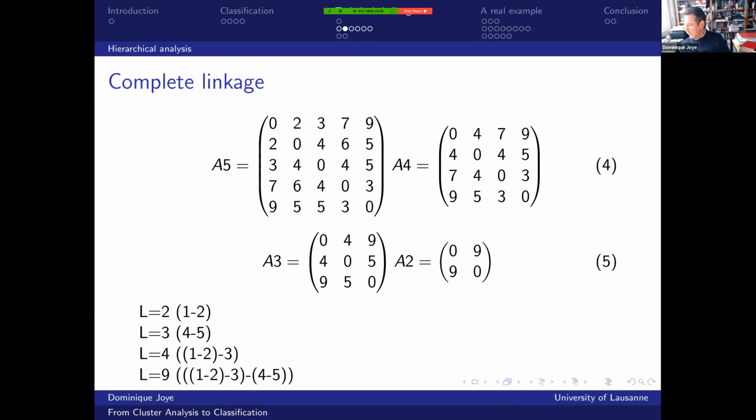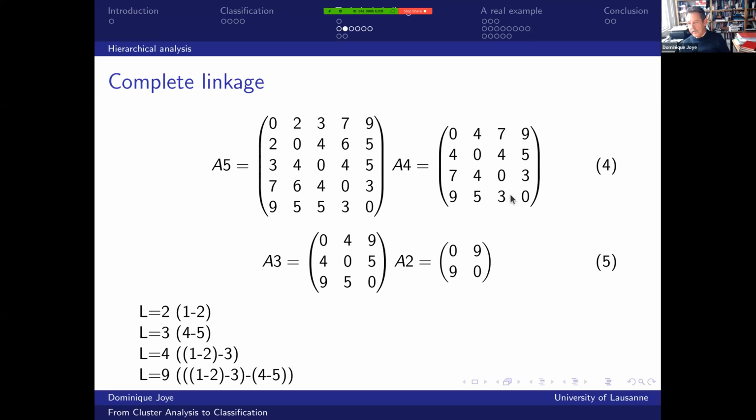So in this case, 1 and 2 are always together, but the distances from 1, 2, and the third is 3 or 4. So the maximum distance is 4, and that's the rule of my matrix. And I have my maximum. And I do the same. The smallest then is at the level 3 between object 4 and object 5.